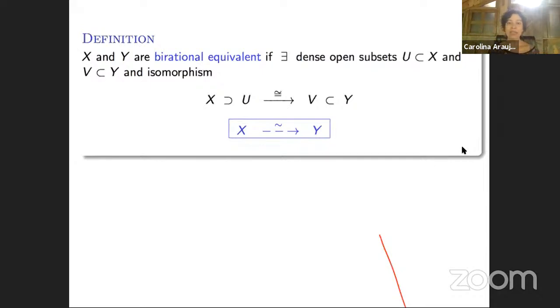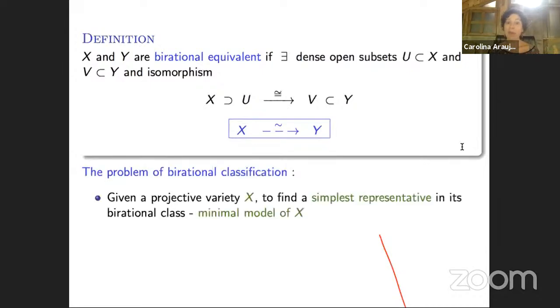And now the problem of birational classification becomes the following. Given a projective variety X, we would like to find a simplest representative in its birational class. So this is what we call the minimal model of X, or a minimal model.